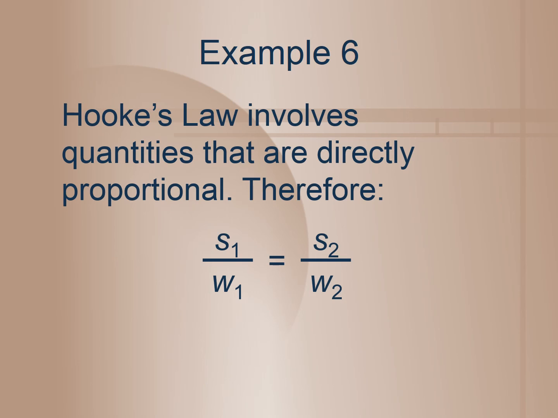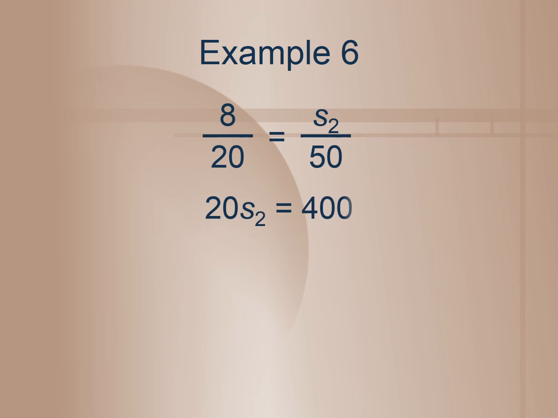So the stretch 1 over the weight 1 equals the stretch 2 over the weight 2. We'll plug in our information, and then we'll solve for S2. So first we cross multiply, then we divide both sides by 20, and our stretch in the second case ends up being 20 inches. Go ahead and try some problems on your own.